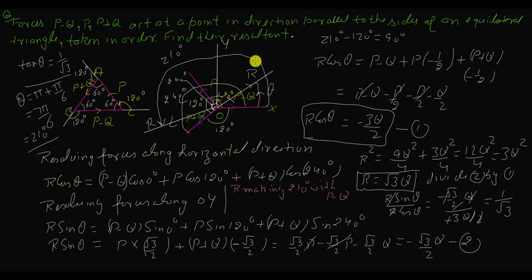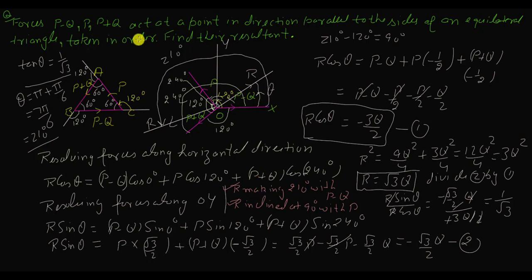So total angle is 210, so it will be 90 degree. R inclined at 90 degree with P. So anyway you could write the answer. The answer given in the book is this one. This answer is also right, but in this case you have to write that R is inclined at 210 with, you have to mention the direction P minus Q. Both answers are correct. I have shown you both answers, so both are correct.